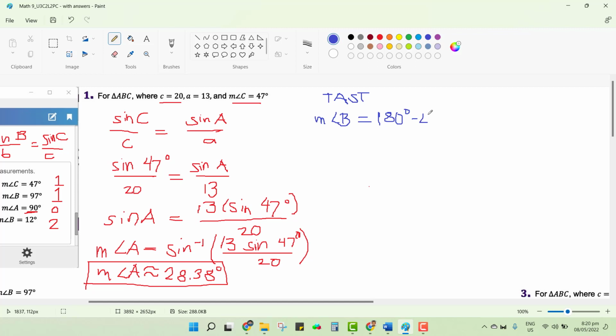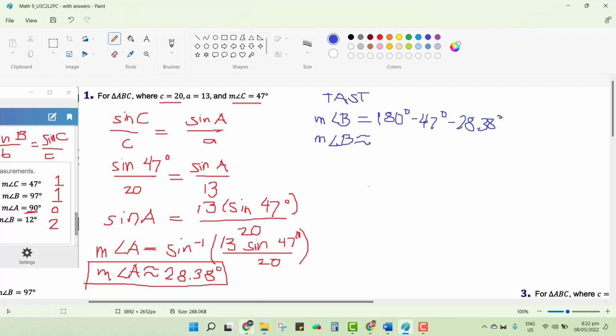So subtract 47 degrees and subtract another value, 28 point, sorry, that's 28.38 degrees, to get the measurement of angle B.